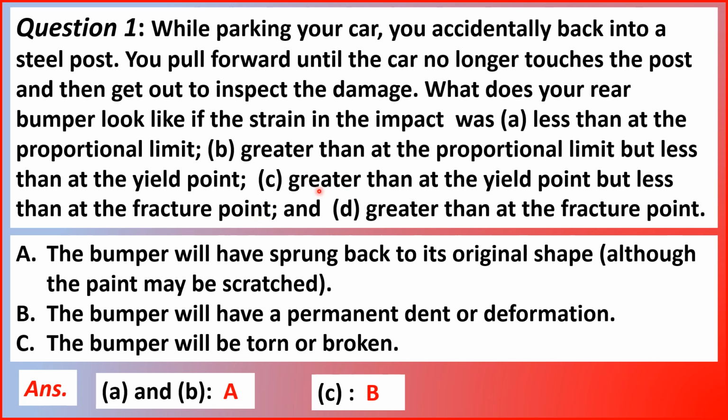So we expect that the bumper will have a permanent dent or deformation, but it is not broken. Finally, the answer to situation D is, of course, option C. In situation D, the strain in the impact is greater than that at the fracture point, so it's obviously suggesting that the bumper is already torn or broken.